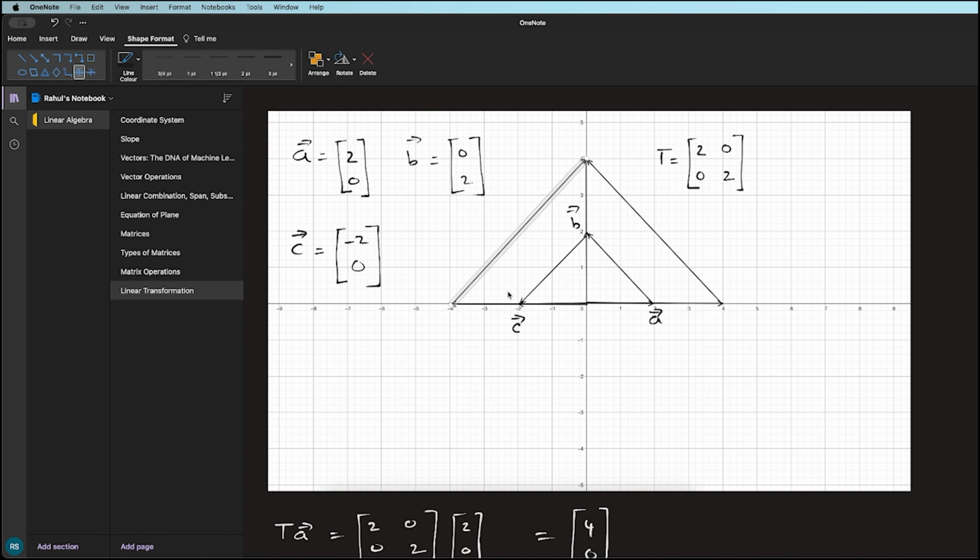So you can understand that using the transformation matrix, you can scale the whole shape, that is, scale the vector while preserving its shape.